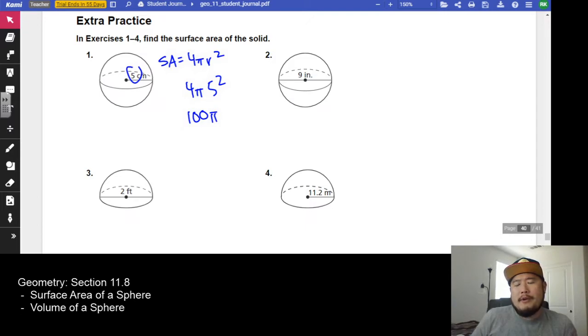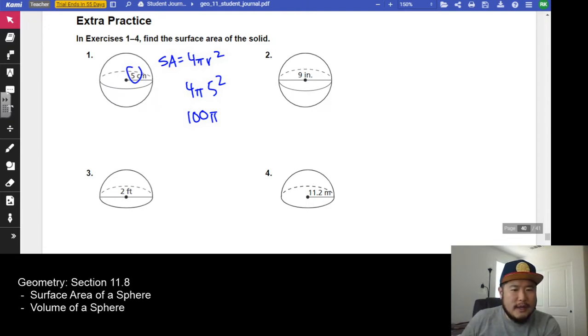Remember, you are going to definitely see if you take the PSATs and SATs later, they're going to have problems where they have the answer in terms of pi. Okay, they're not going to have everything where they expect you to use a calculator. They expect you to actually be able to do some of this in your head quickly to get the answer. All right, so we have 100 pi.